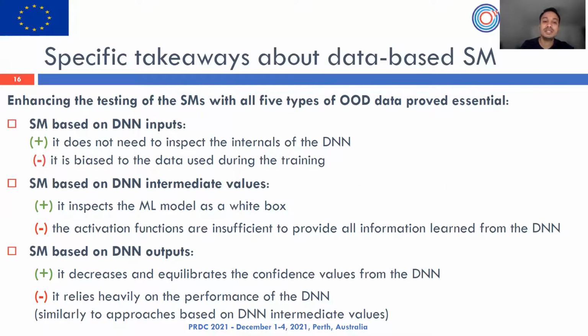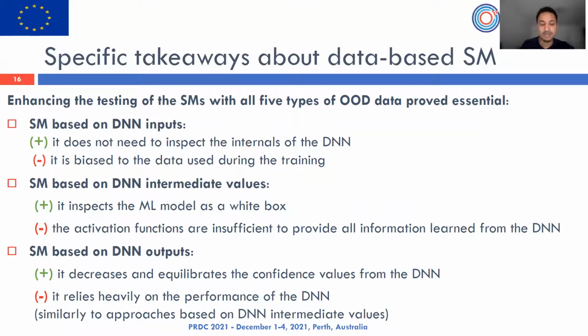And the specific takeaways: safety monitors based on DNN inputs don't need to inspect the internals of the DNN, which is something good. So you can apply black box machine learning models, but it's quite biased to the data that you have. And a safety monitor for DNN intermediate values is good because you can look at the machine learning model and try to figure out what it is doing.